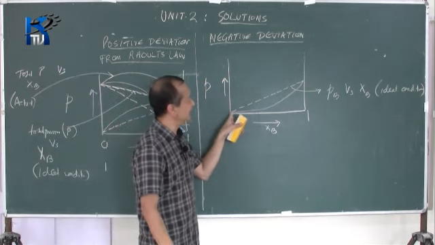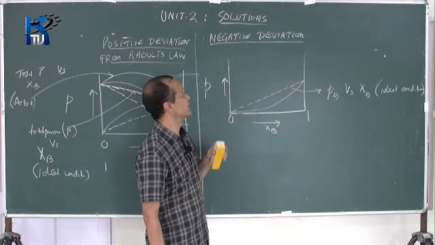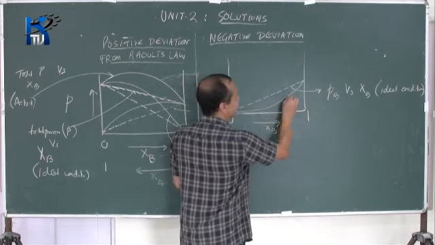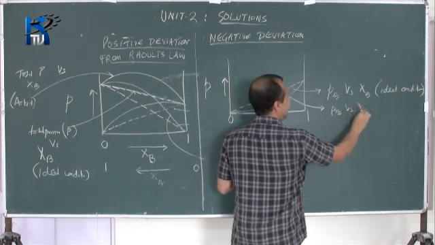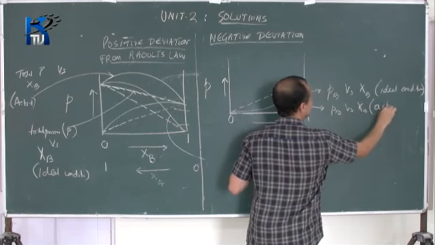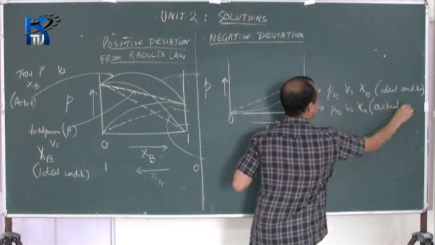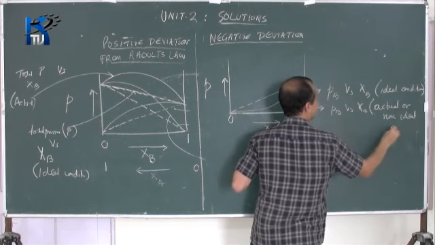Here the actual pressure graph will be below. That's why we call it negative deviation. So this will be PB versus XB. This is the actual or the non-ideal mixture.